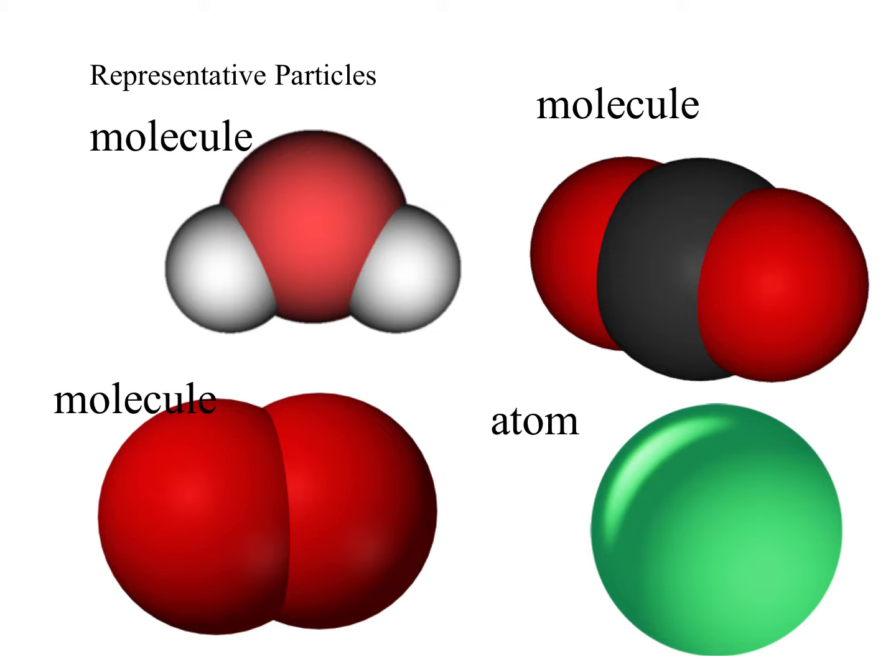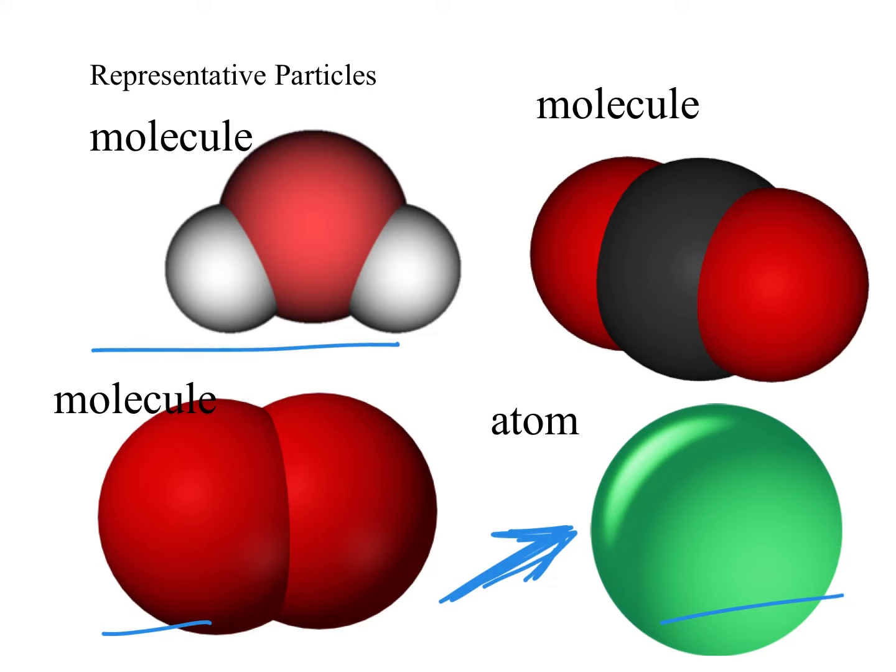So if you decided that the atom is an element, you're absolutely right, that's an element. And then the molecule where the 2 atoms are identical bonded together, that's a diatomic element. So our bottom substances are our 2 elements.